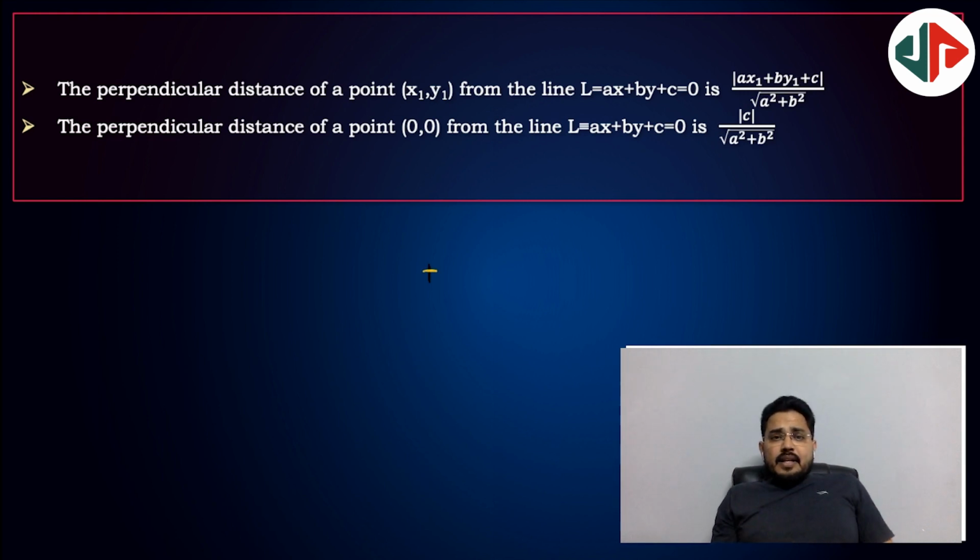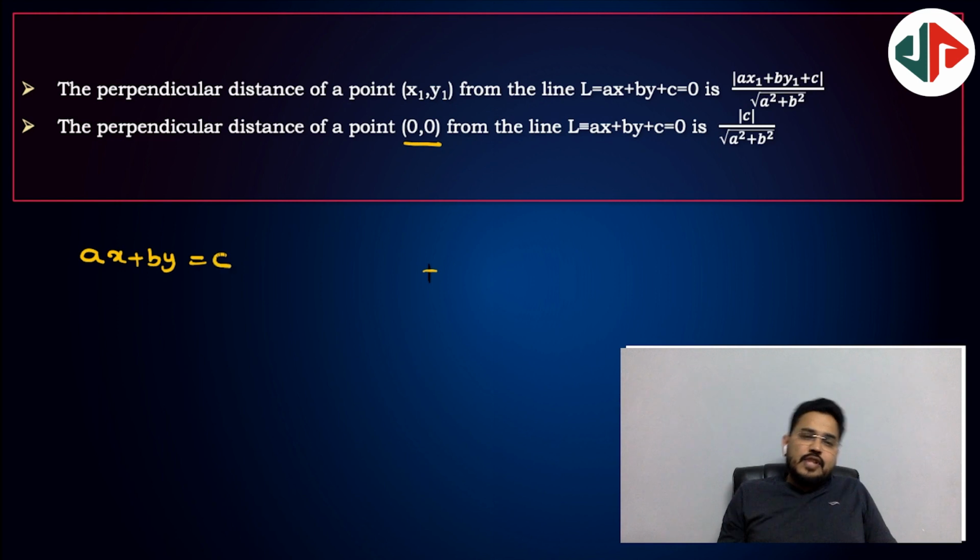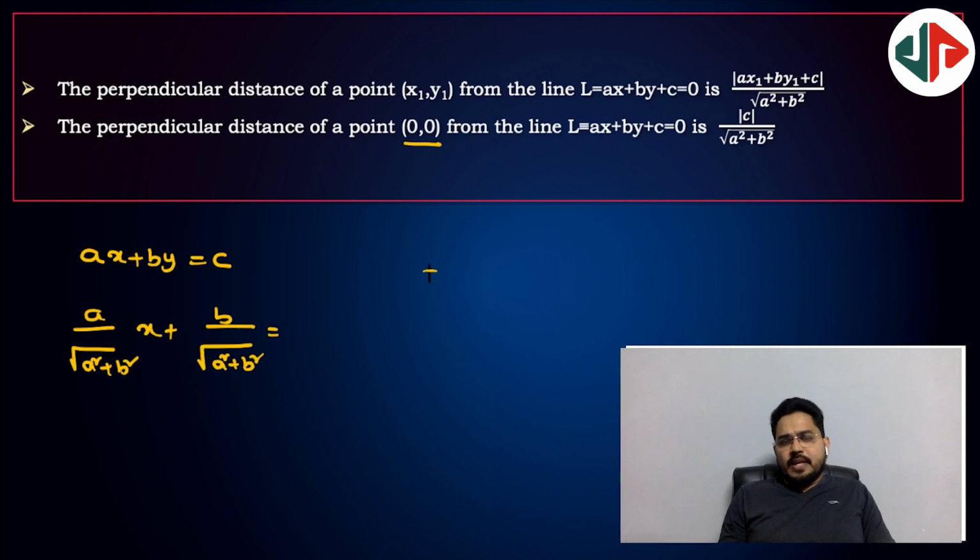The perpendicular distance from a point. First, let us take this one. If the line is AX plus BY is equal to C, then divide by root over A square plus B square: A by root over A square plus B square into x, plus B by root over A square plus B square into y, is equal to C by root over A square plus B square.